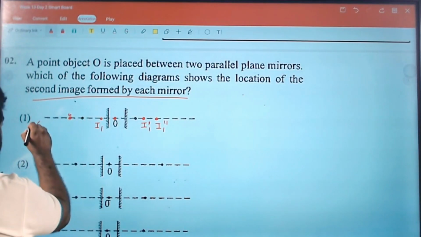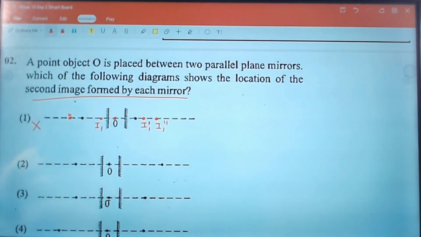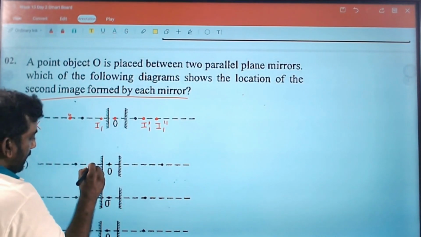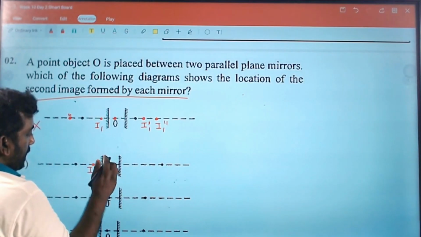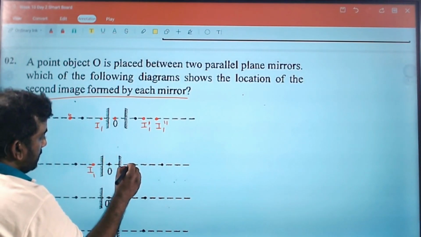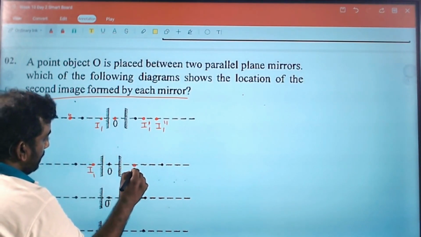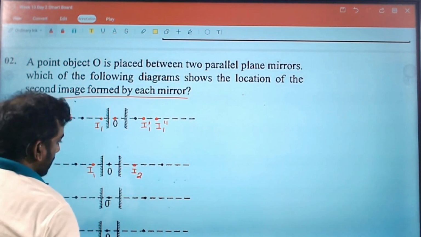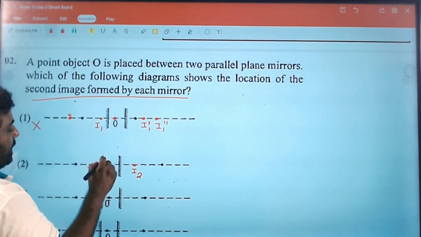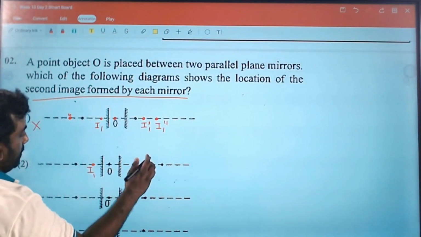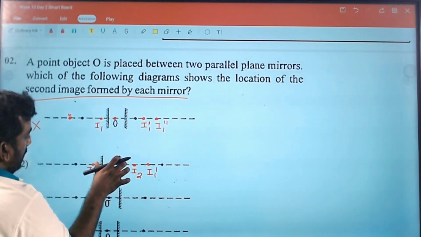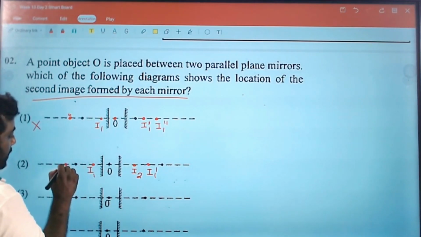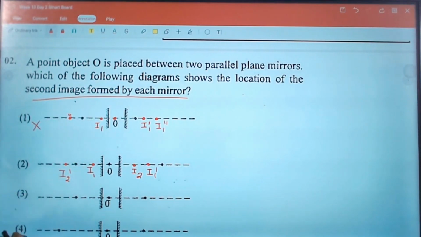So you can see the first one is wrong. Object here, image. This image will act as the object for that, I1 dash. This image will act as the object for that, I2 dash.